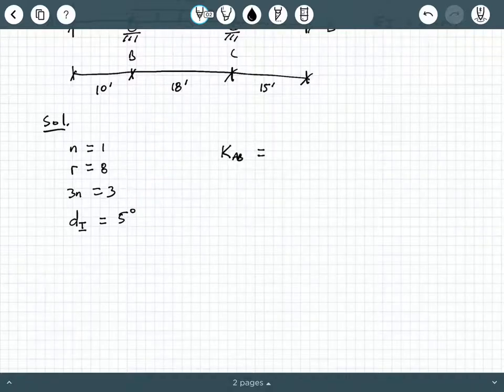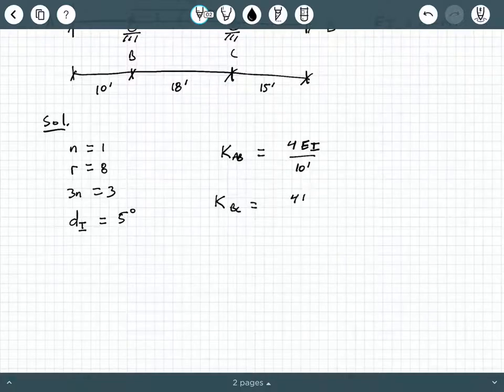We're going to have stiffness in span AB is 4 EI over 10 feet, or we could use relative stiffness. Remember, we've mentioned before, if EI is constant for the entire system, we could use relative stiffness. But we don't have to.